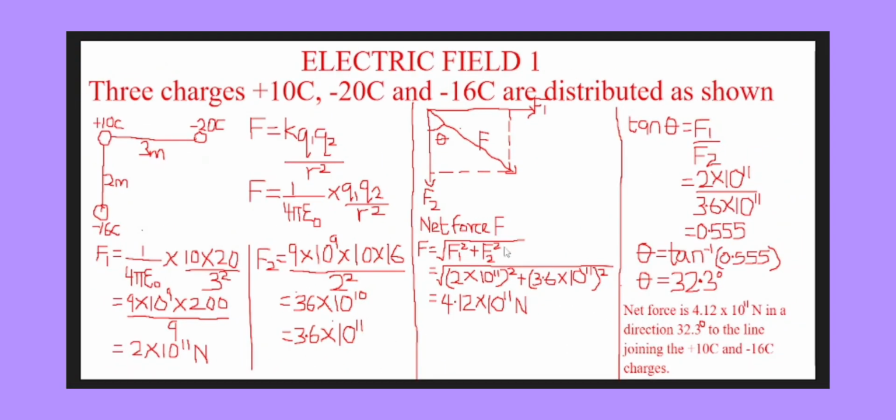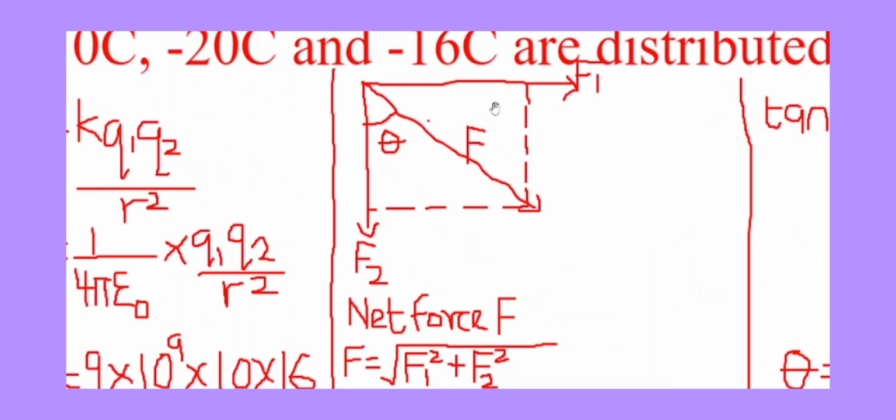Now a vector representation of what is going to happen here is what we have in this diagram. F1 will be in this direction, that is the direction of the horizontal, and F2 will be in this direction. Don't forget we are to get the net force.